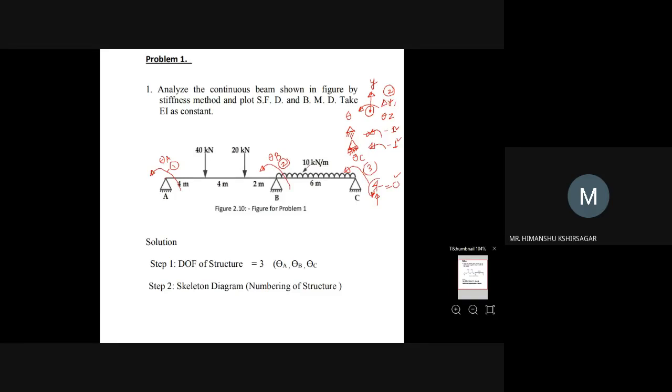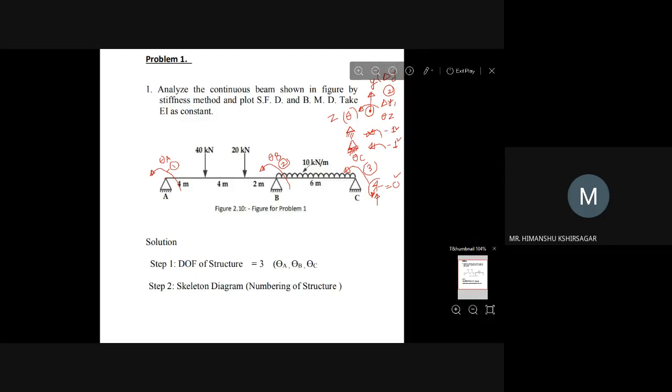For fixed support, the degree of freedom will be 0, no displacement will be possible. For a free node, 2 types of displacement will be possible, Y and theta. X we are not considering. So this will be our coordinate axes, Y and Z. Z direction, theta displacement; Y direction, delta Y displacement.